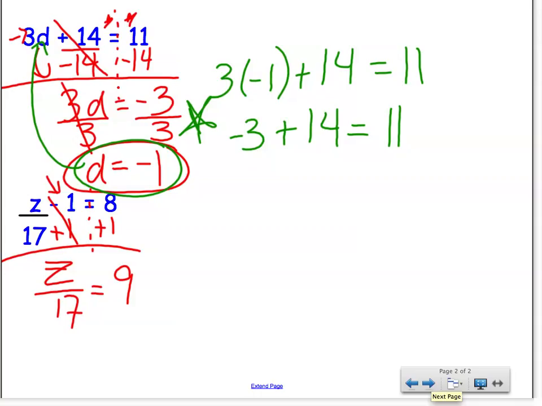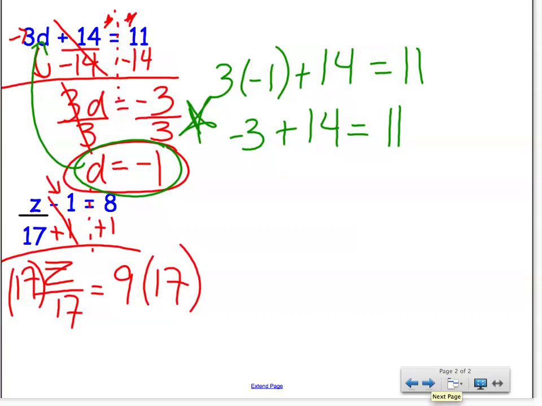Okay, now I have z being divided by 17. So we need to do the opposite operation of division and multiply. We want something that will cancel out 17, so I am going to multiply by 17. Whatever I do to one side, I do to the other.